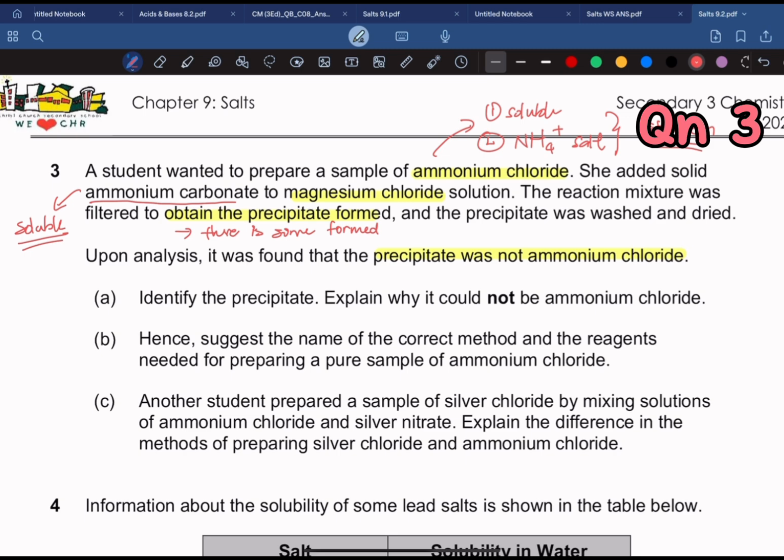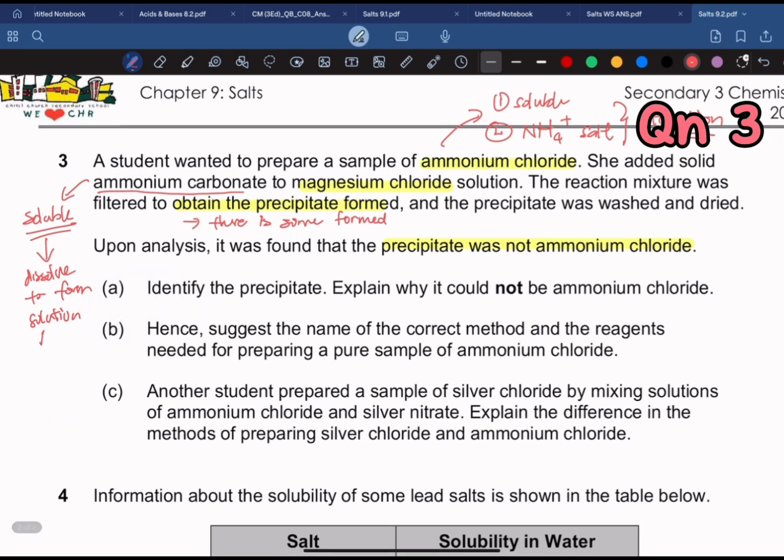So when we add solid ammonium carbonate into the solution, it will actually dissolve to form a solution. Right, the water comes from the magnesium chloride solution. So first it dissolves to form the solution where the NH4+ ion and the CO3 2- ion are in the solution now.